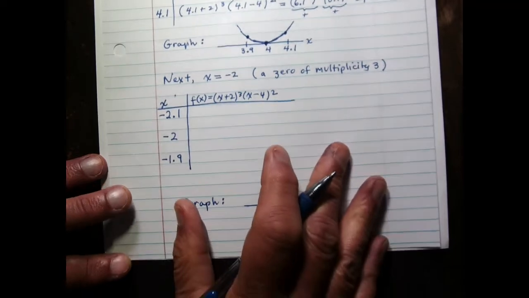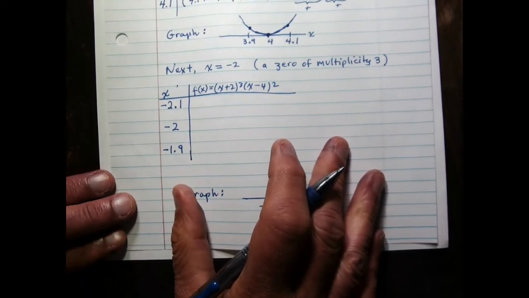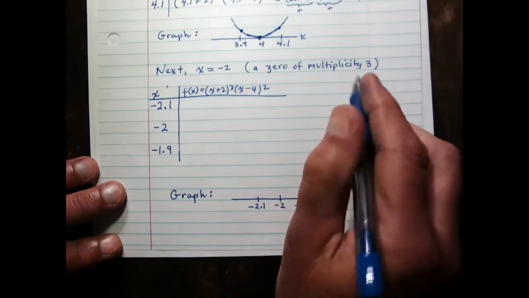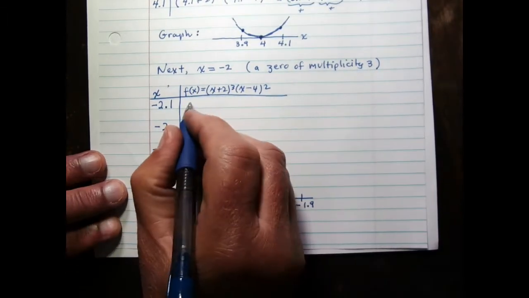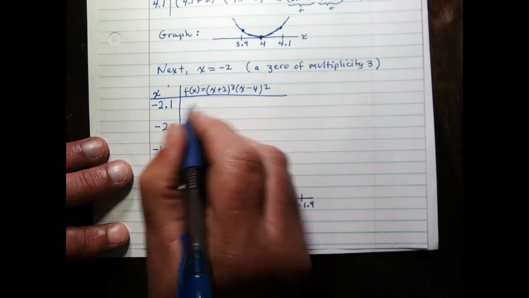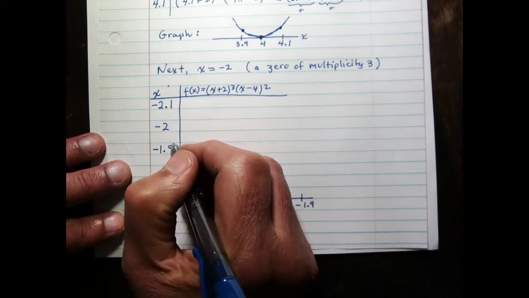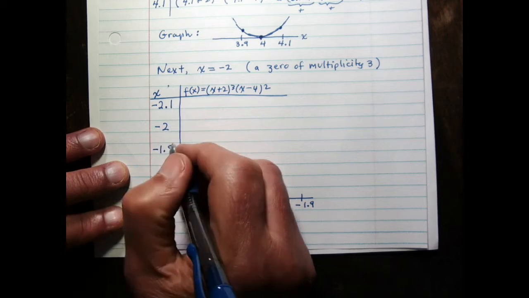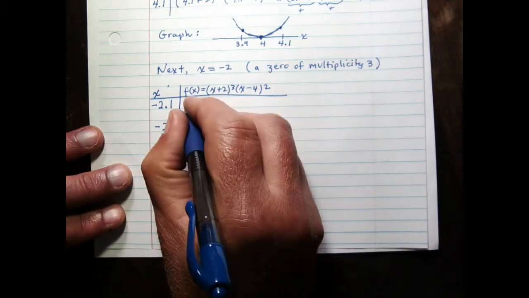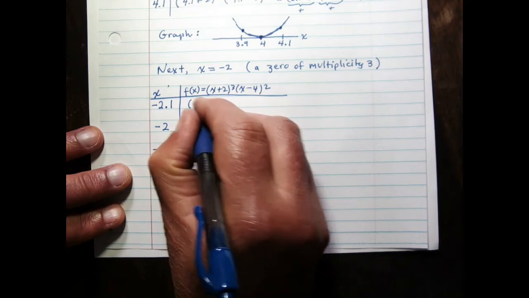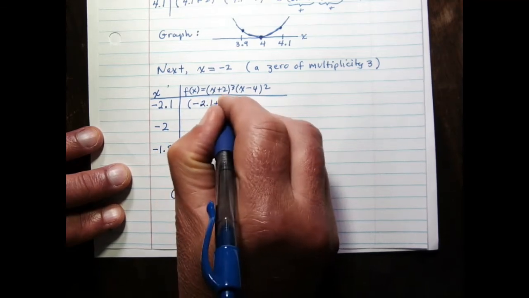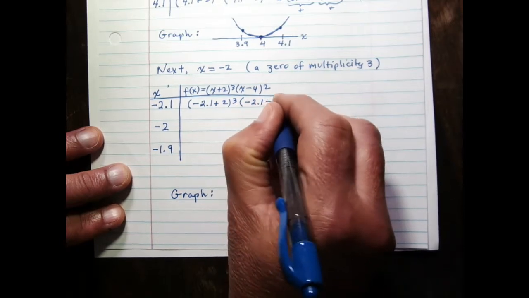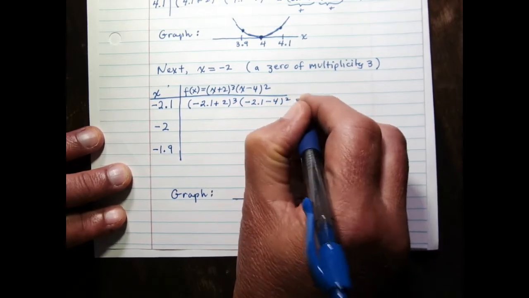Let's look at the other 0 for this function, x equals negative 2. It's a 0 of multiplicity 3. And I'm going to do the same kind of analysis now with values of x very close to negative 2. So I'm going to plug in a number slightly smaller, slightly larger than negative 2. So I get negative 2.1 plus 2 cubed times negative 2.1 minus 4 squared.